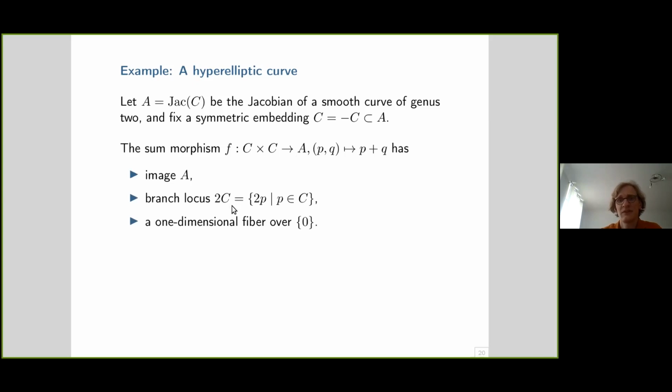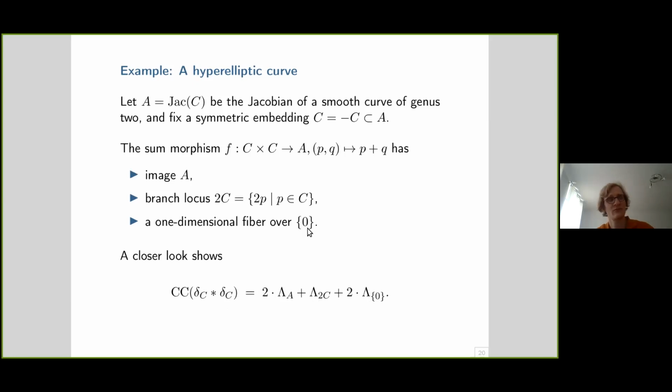But it collapses the fiber over the origin because of the symmetry. When you have a point P on C, also minus P is on C. So the anti-diagonal is collapsed. And if you look at this more carefully, you will see that the characteristic cycle of the direct image of the constant D-module on C times C, which is this convolution, is twice the zero section plus the conormal to the branch locus plus twice the conormal to this point where the fiber is collapsed.